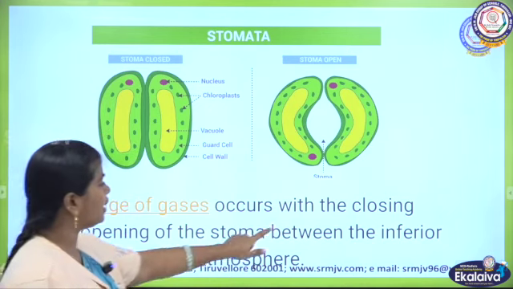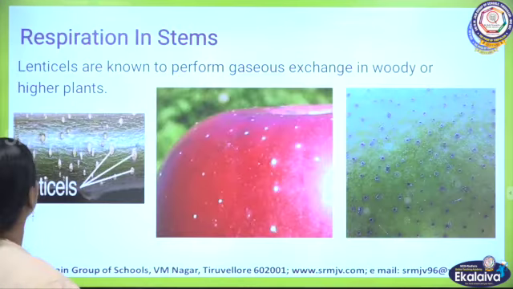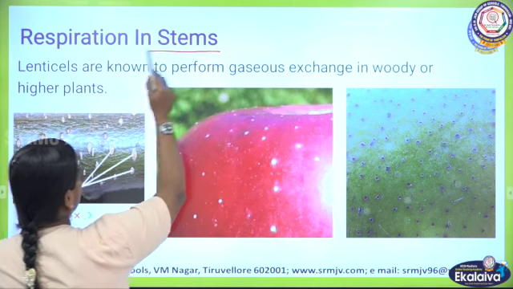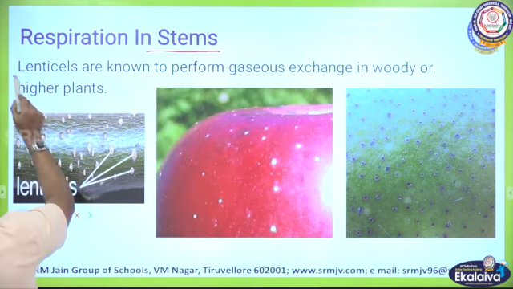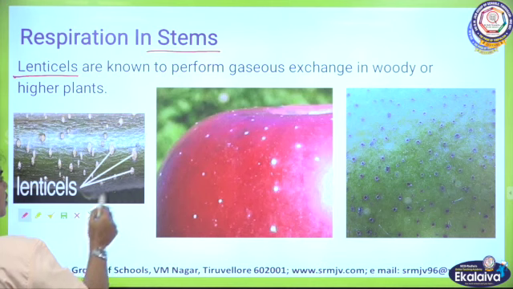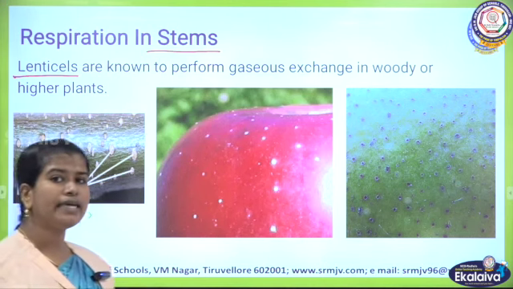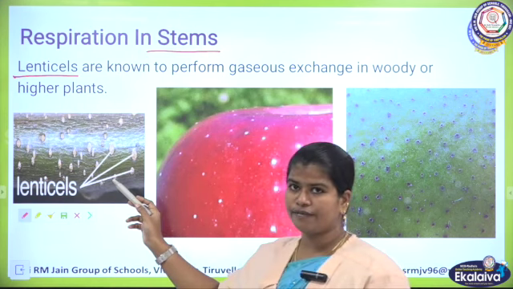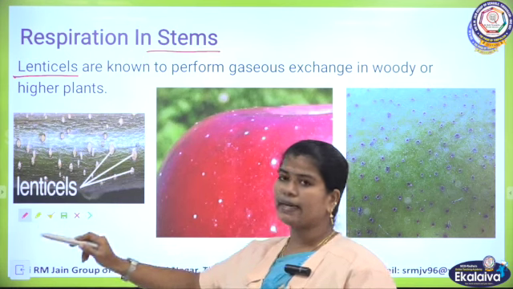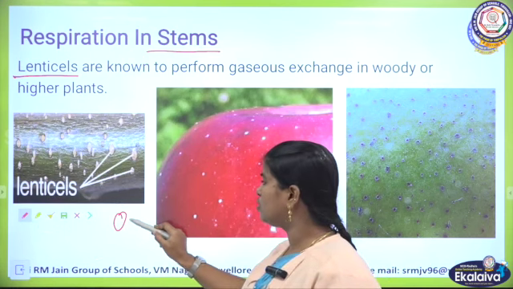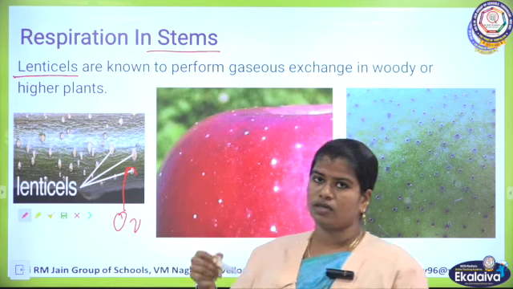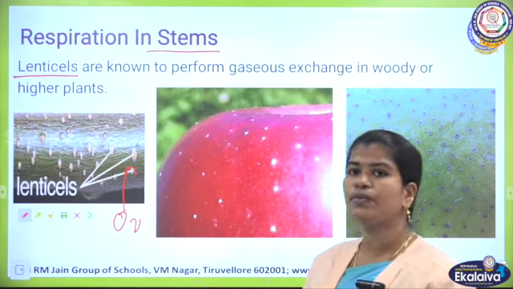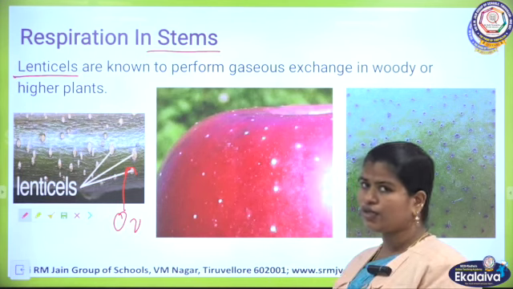Now we will switch to the next part, lenticels, which is respiration in stems. They are small pores present in the bark of the tree. You can see these lenticels in the bark of a tree. There are small gaps, and through them oxygen enters the plant, and once it enters, glucose is broken down and converted into energy.